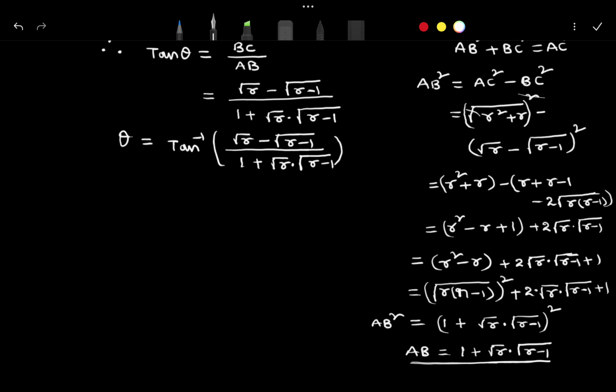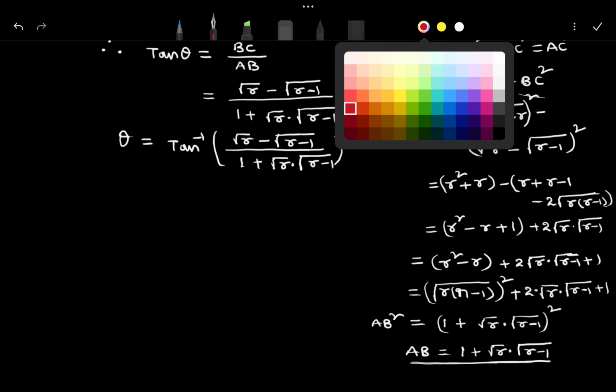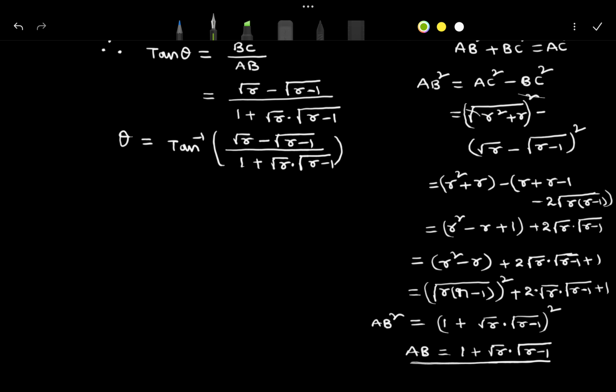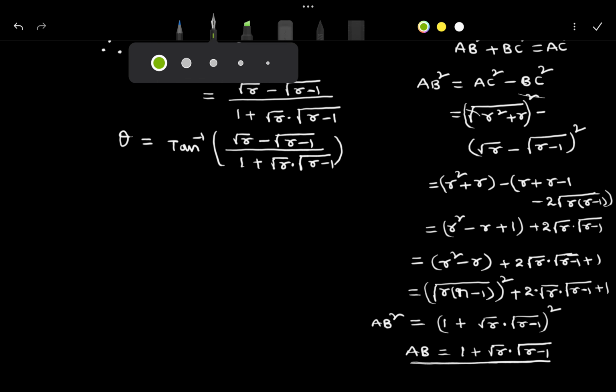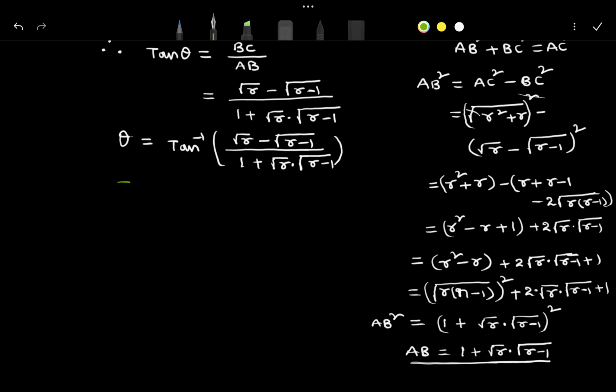Now you see very clearly, you observe this one, it is in the form of tan inverse of x minus y, whole divided by 1 plus x into y. You know what this value is?